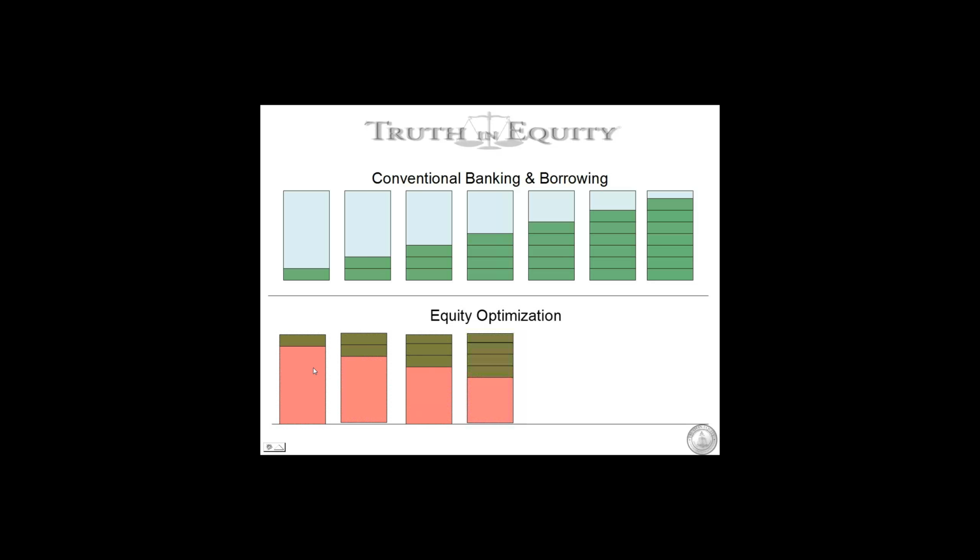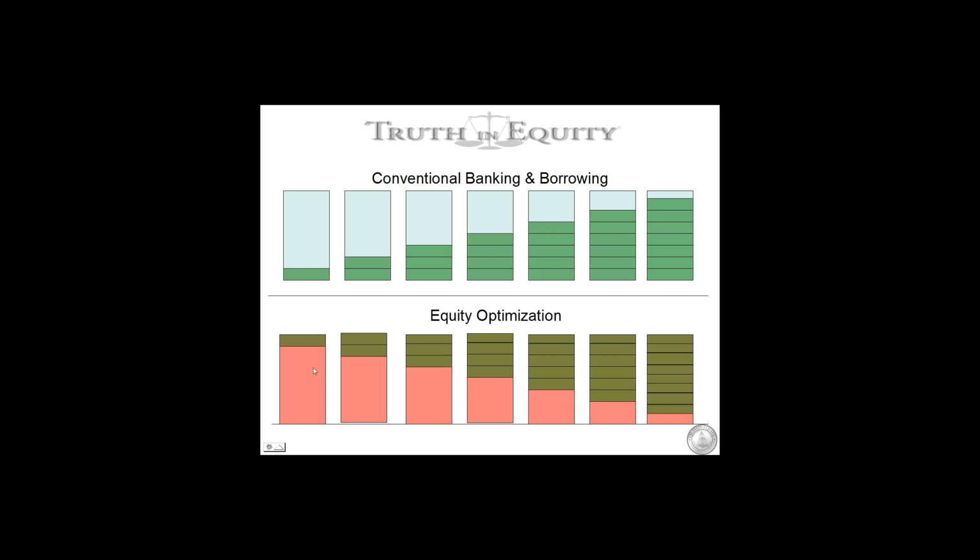Month in, month out. So you can see it's an absolute mirror image of the conventional model. Money accumulates in a checking account. It mirrors itself on the debt side in the line of credit.